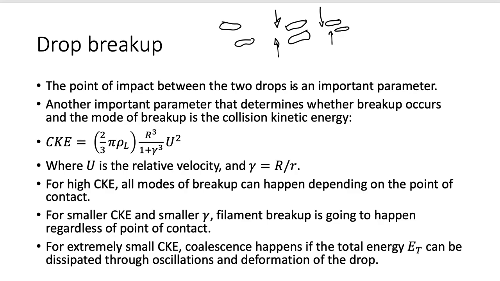We can define a quantity called collision kinetic energy, which is defined in this way. It looks kind of complicated, but it really isn't. U is the relative velocity between the two particles. Big R and small r are the radii of the two particles, and gamma is the ratio between the two. Rho of L is the density of liquid water.